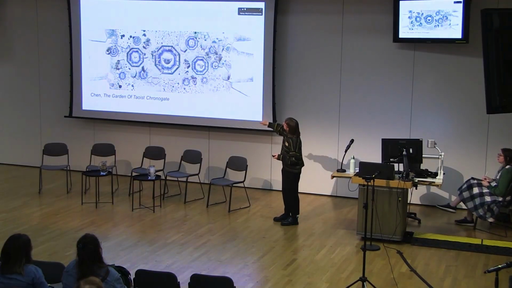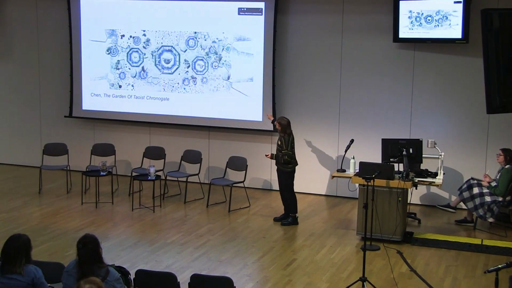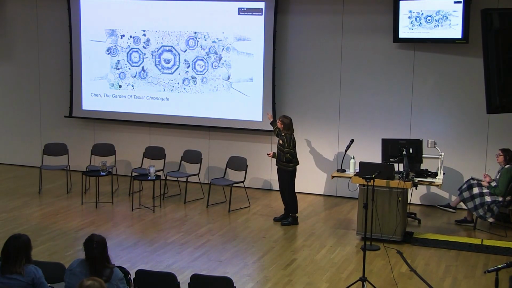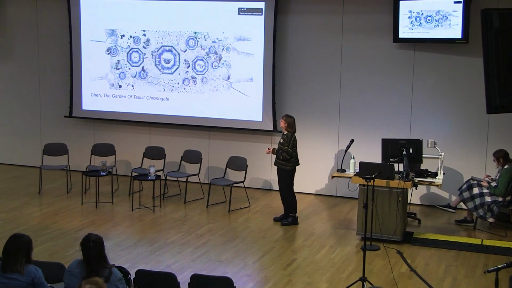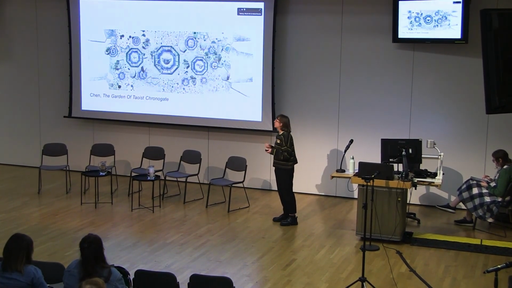So you can see where she's integrated it into a Taoist garden of the Chronogate, which is what she called it. And it's quite interesting that she could speed up the process by using an amalgamation or suggestion of the design she wanted with the AI tools.